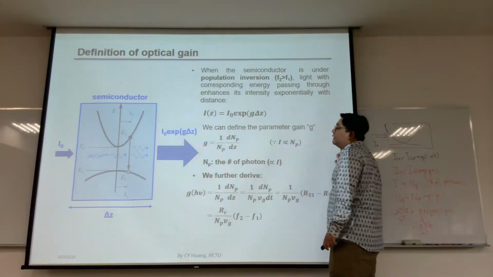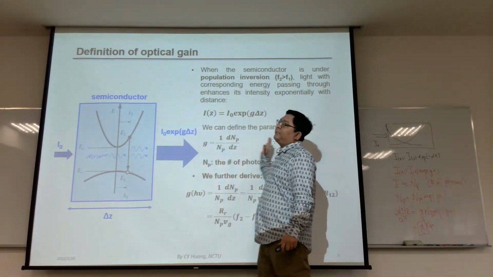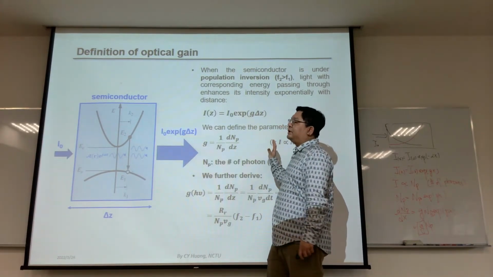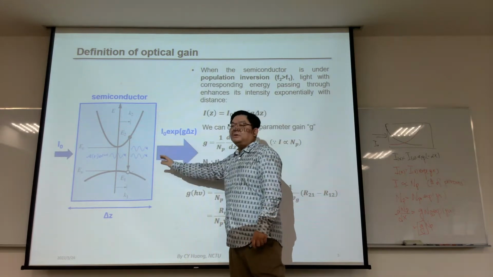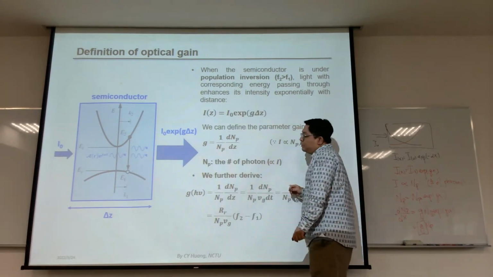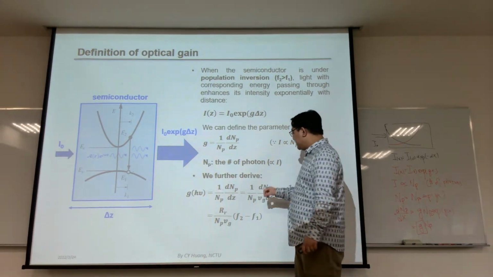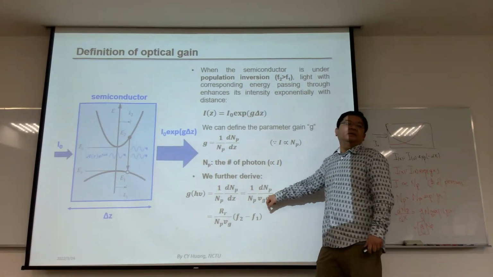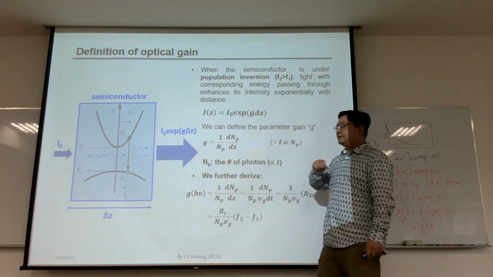While the optical mode propagates through the material, the distance is equal to its velocity times the time it resides in this small delta d.